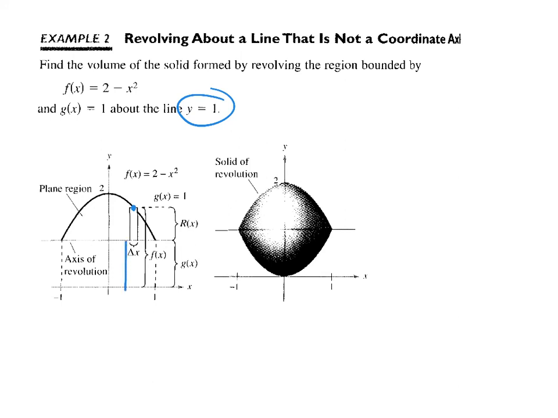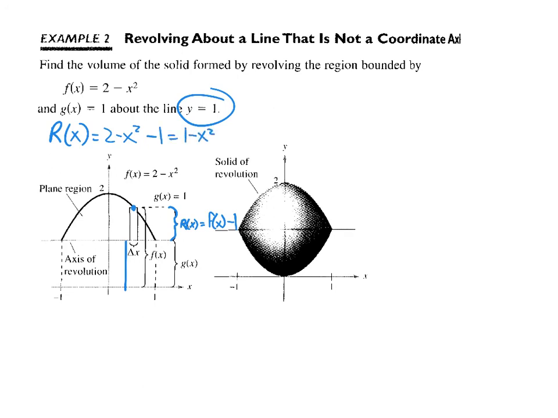So to get this radius, you're going to do r of x, the function minus 1 in this case. So with that being said, our r of x here is going to be 2 minus x squared minus the 1. So we have 1 minus x squared.